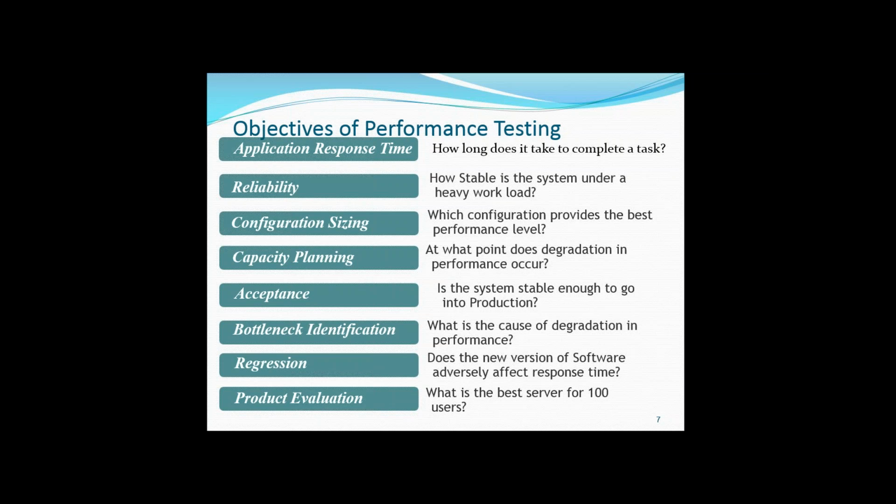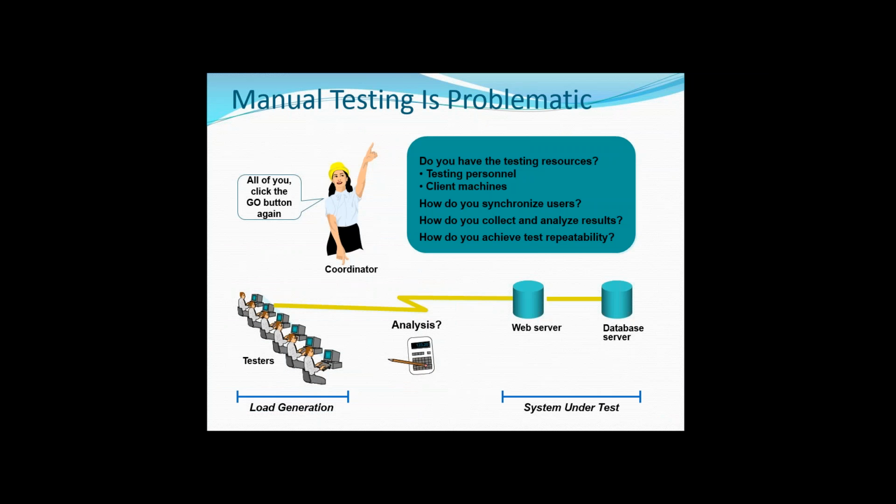Same here in performance testing, we see whether a newer version has some bad effect on the response times, or is causing any delay. And in product evaluation, we see which server would be the best for 100 users, what would be the best configuration, what would be the best infrastructure. These are all the objectives of performance testing.